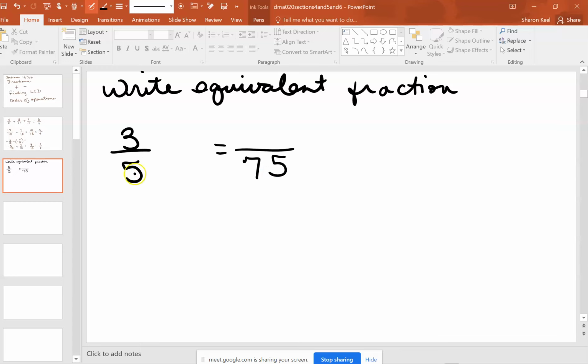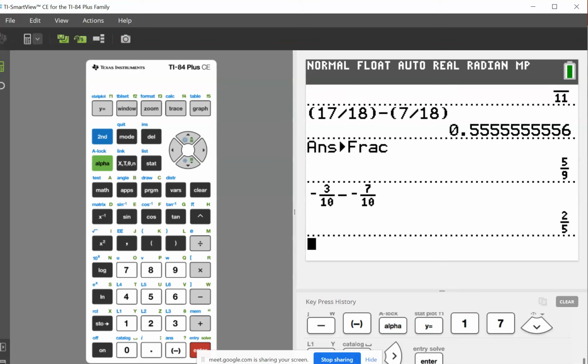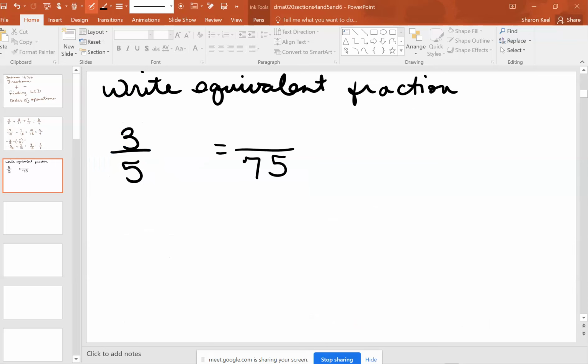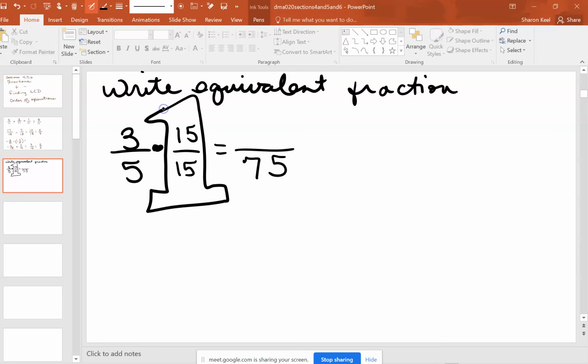First, we would ask ourselves, 5 goes into 75 how many times? So 5 goes into 75 15 times. So if we multiply 5 times 15, that's going to give us the 75. Any number you can multiply times one whole and have an equivalent expression.